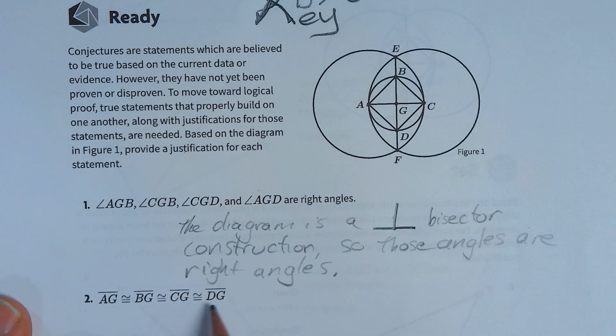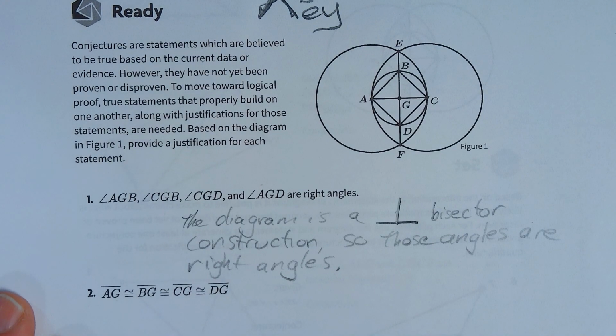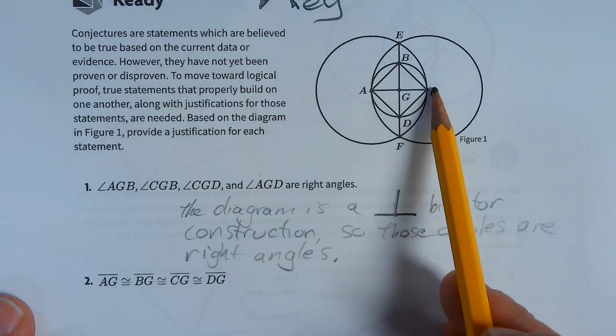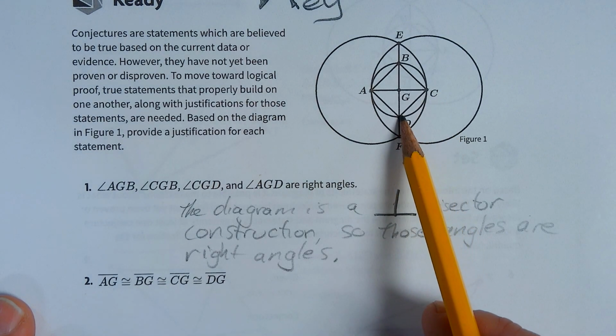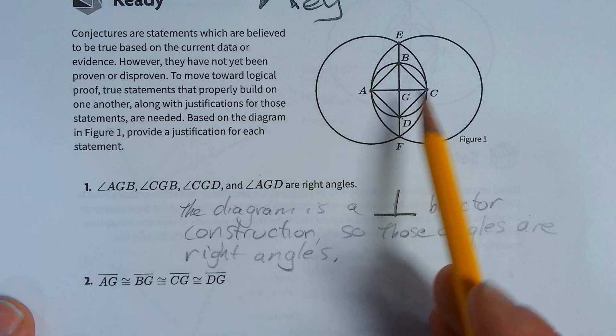AG, BG, CG, DG. AG. Oh, G is the middle of the little circle, right?